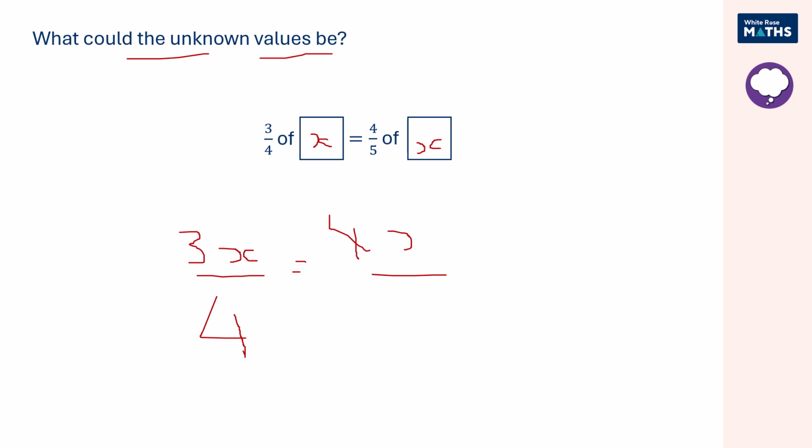Now, if we cross multiply, so times this by 5 and times this by 4, now 15x equals 16x.